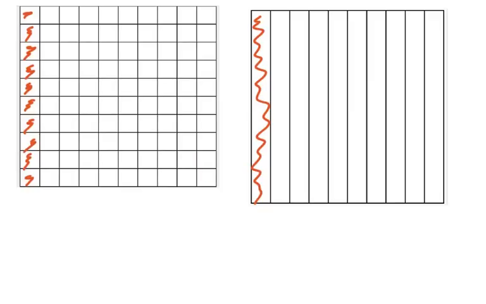Right now we're looking at this hundredths grid right here and this tenths grid right here. If we look at this hundredths grid, we know that this is 10 hundredths. And we know that this is 1/10.